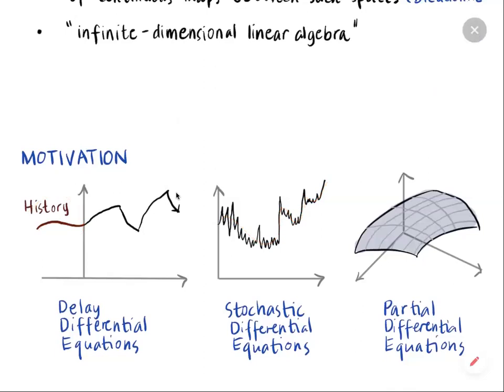And finally, we also have the so-called partial differential equations, wherein your independent variables can be more than one. In this case, let's say in the x and in the y direction. And in that case, the graph would be a surface. And in this scenario, the solution would be a function of two variables.